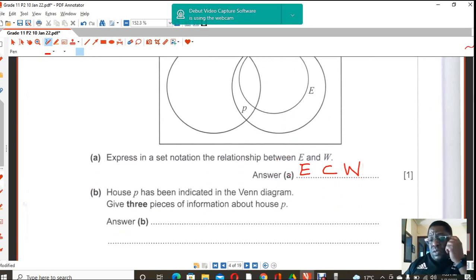If they were exactly the same, then they would have been subsets. But here, it's a proper subset.